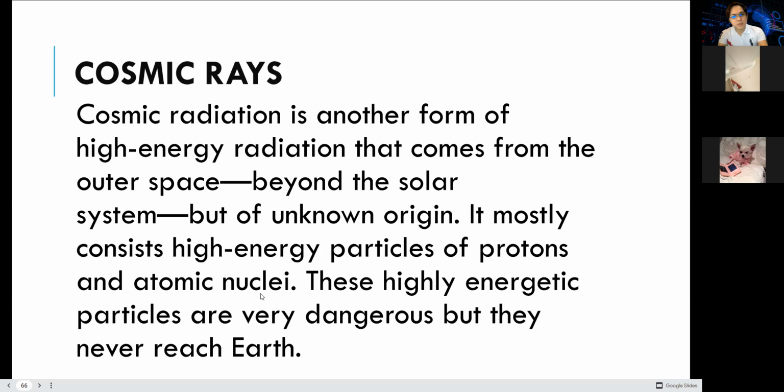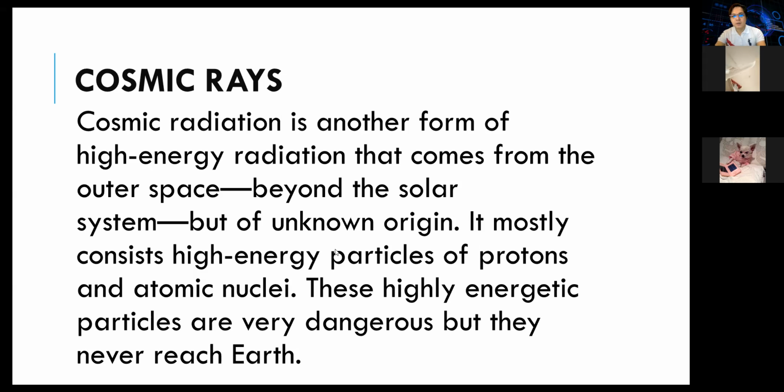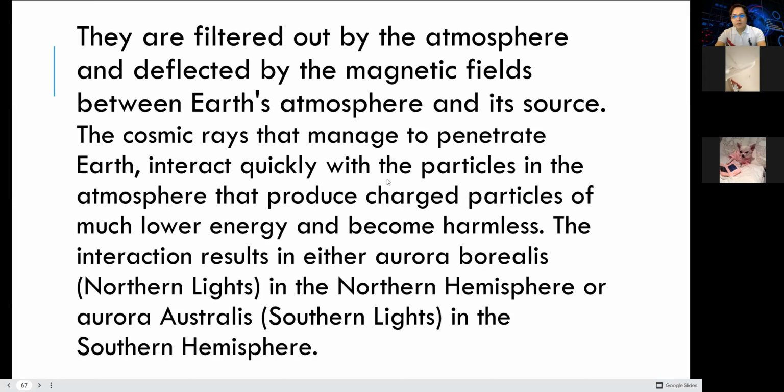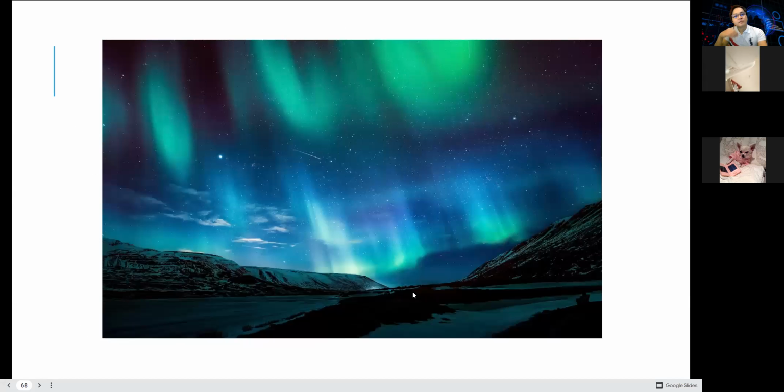Have you seen a cosmic ray? Have you seen one? Not yet. So this is your cosmic ray. Do you know what this is?